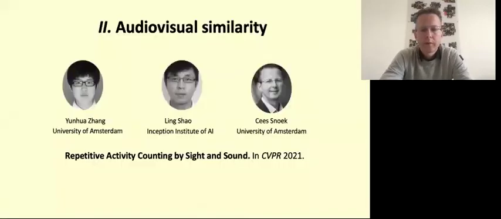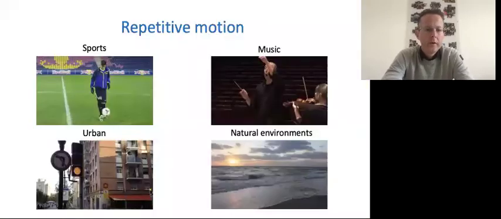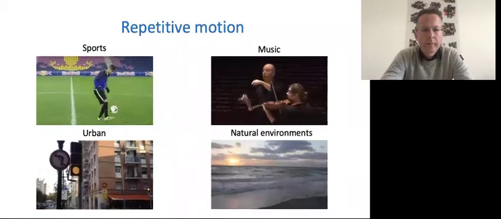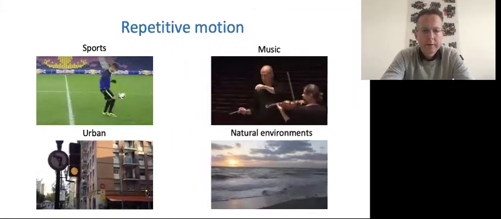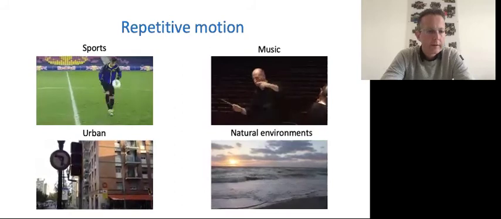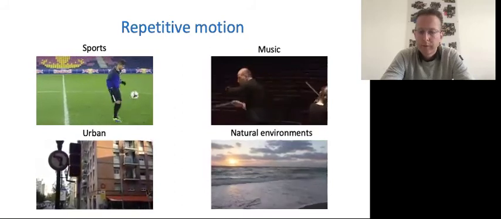Now I would like to move to part 2, where we're going to look into audiovisual similarity. This is work from CVPR this year, together with Yunhua Zhang and Ling Xiao. Here we look at repetitive motion, and visual repetition is a very interesting phenomenon that is ubiquitous in our world.